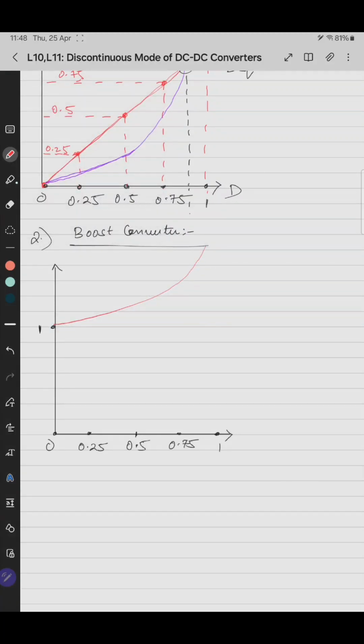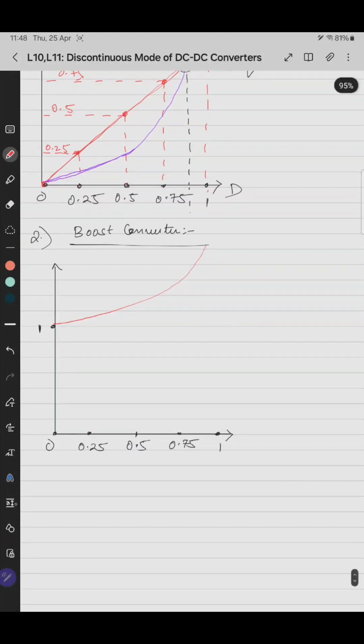At D equals 1 it reaches infinity, so the curvature is more, and it goes more upwards like this. This is M of D for continuous conduction mode.